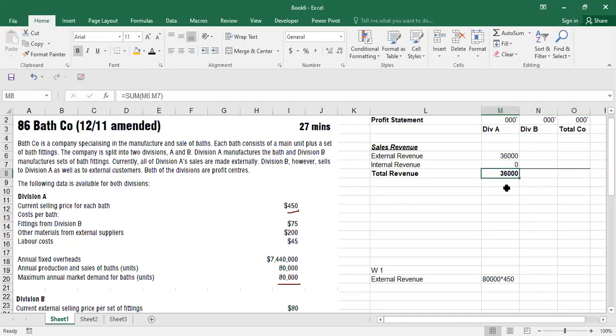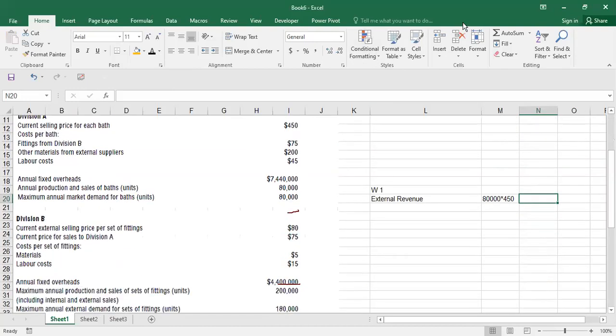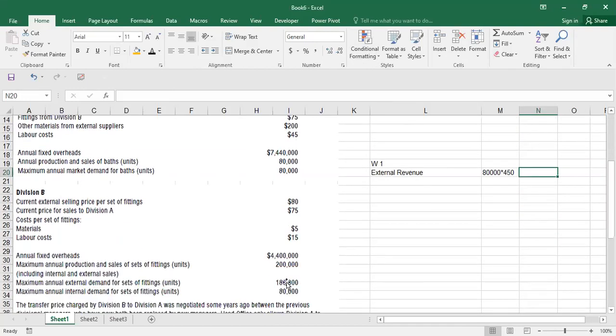That's done. Then division B, what do they do? Division B has some revenue external and some internal. If you remember, division B's total production capacity was 200,000. So they were giving 80,000 internally and 120,000 externally.